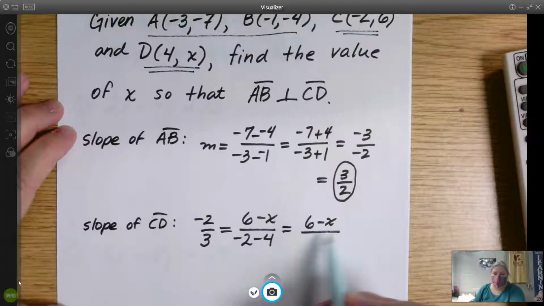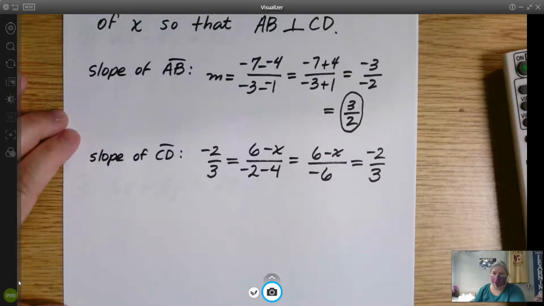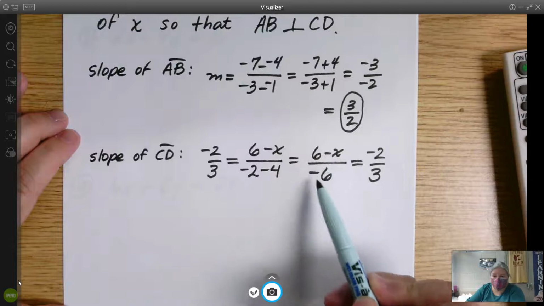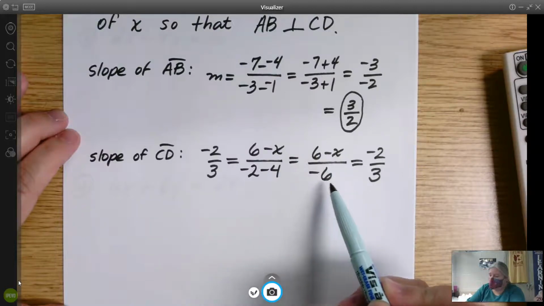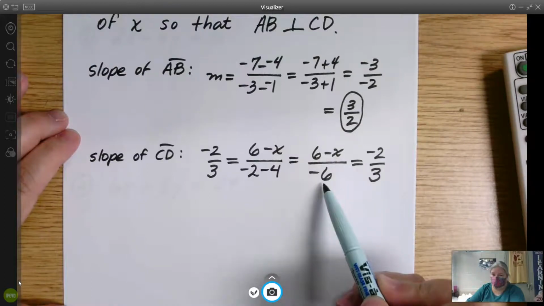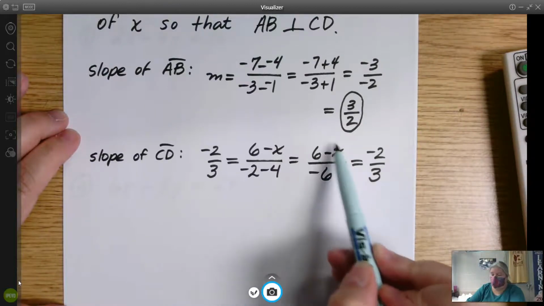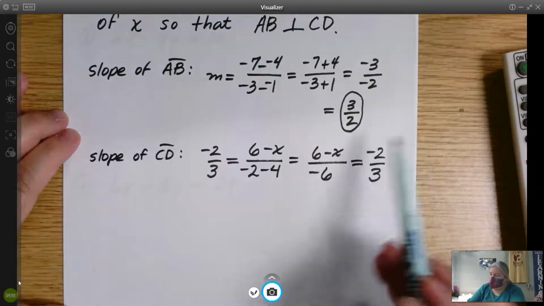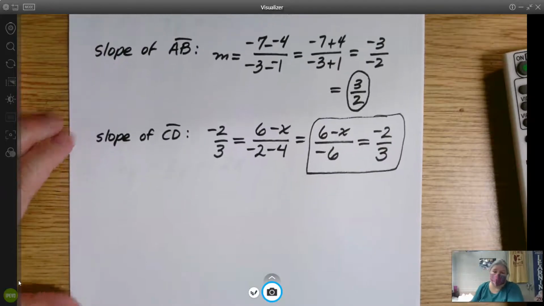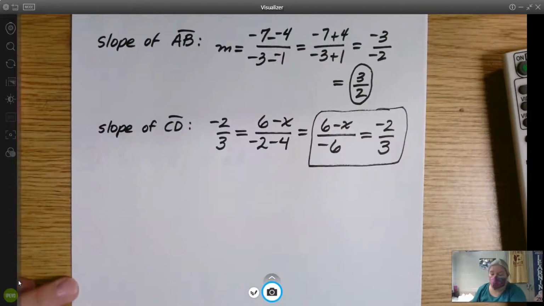There are a couple of ways I could solve this. I could do some number logic in my head and say, what over 6 simplifies to 2/3? That would be 4/6. So I need this to give me 4, and I write an equation and solve it for that. Or I can solve this proportion the way I always solve proportions, which is cross multiplying.